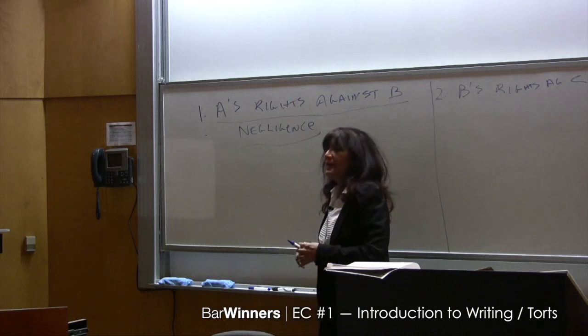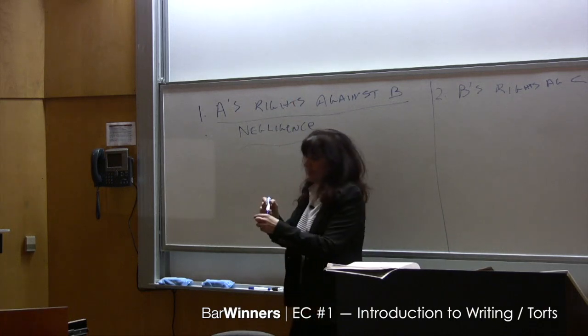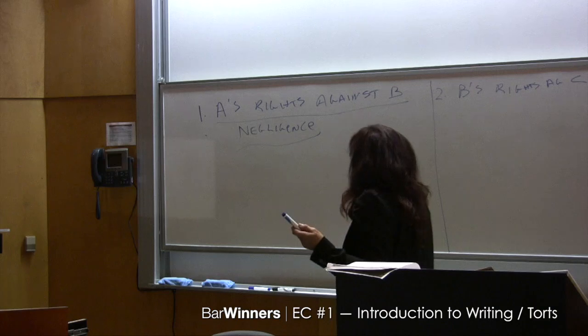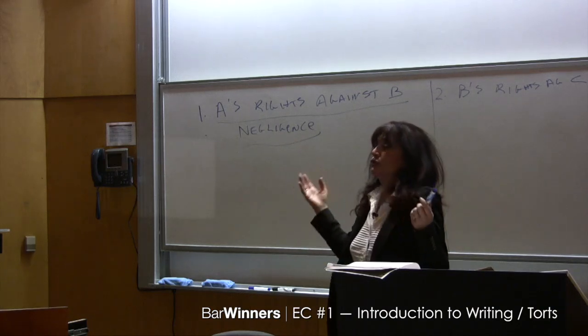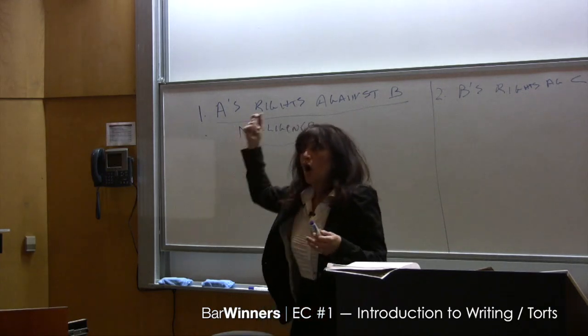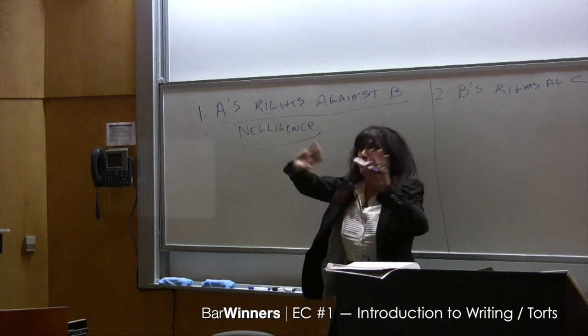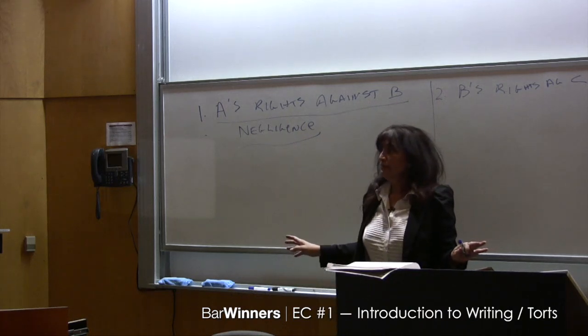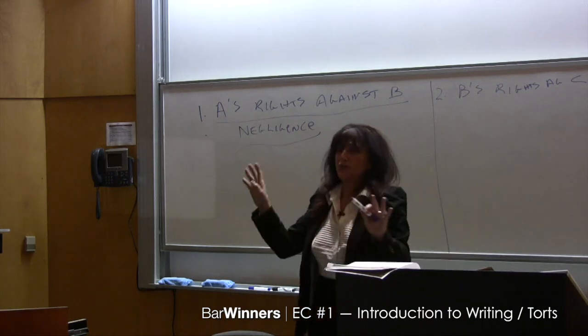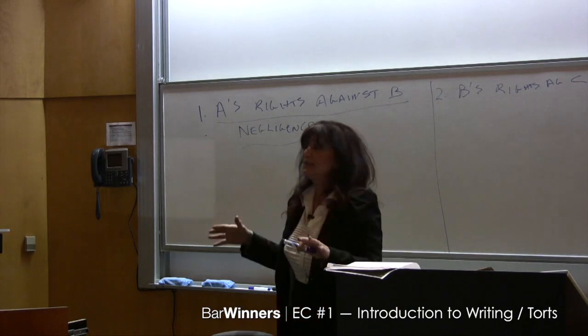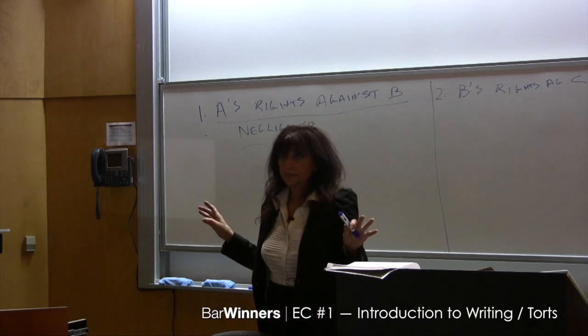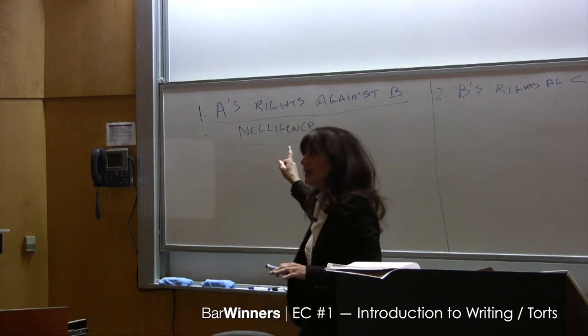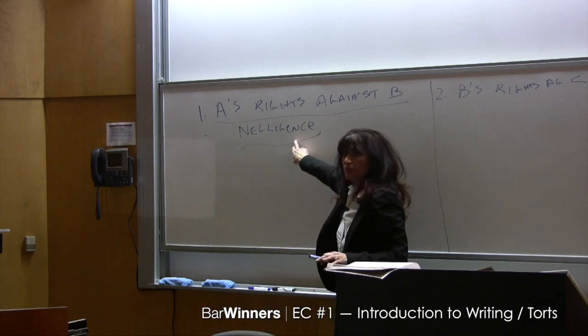Because why? You don't need to say, at issue here is whether A can sue B for negligence. All you need is the head note, negligence, boom, done. Okay? Don't bother with issue statements. They're a waste of time and there's no points. The heading is your issue.